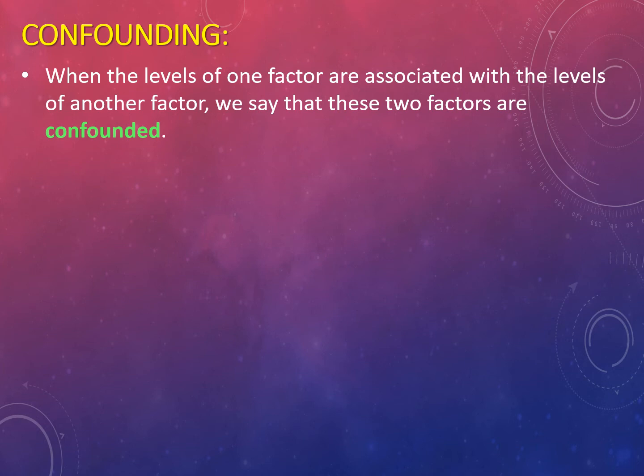Think about it this way. If I were to ask a student how happy they were with their experience in math, and my factors are going to be their grades and who their teacher was. Those are the things that I think are going to affect how happy they are. Well, when you think about it, who your teacher is might actually affect what your grade is in the class.